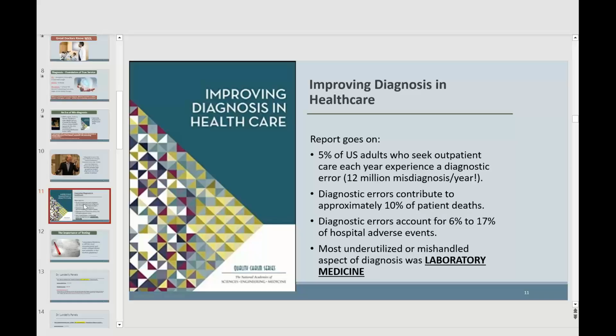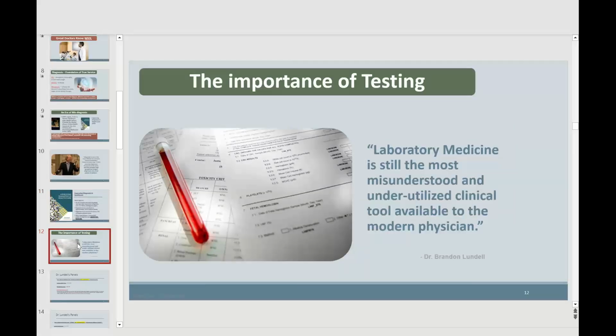The inability of practitioners, or the lack of knowledge by practitioners of every field to know what lab tests are really available to us. And that is true in functional medicine as well, although we have much more of a battery of tests available to us. So I believe that laboratory medicine is still the most misunderstood and underutilized clinical tool available to the modern physician.